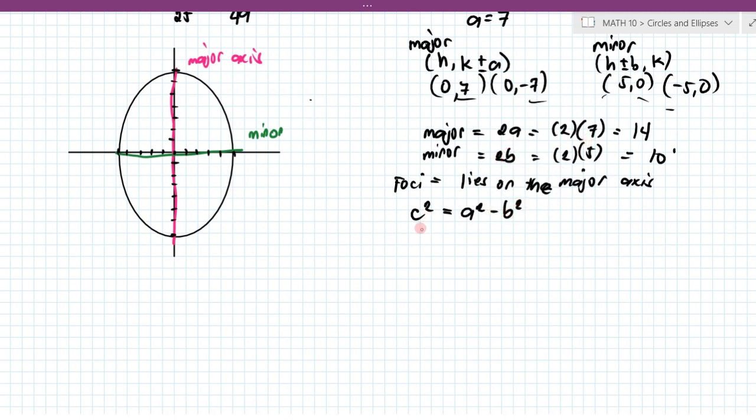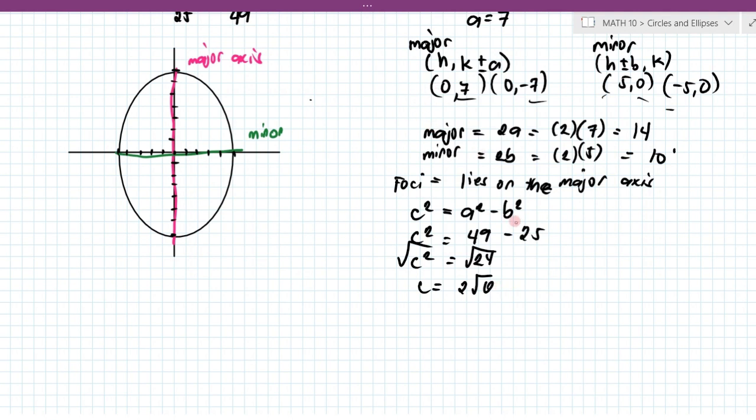So c squared, substitute our a squared, which is 49 minus 25. 49 minus 25 is 24. Then square root both sides, we'll be having 2 square root of 6. That's our c.